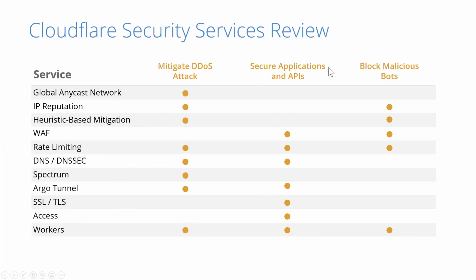To secure applications and APIs, what are the products you can use? From WAF, rate limiting, this is to protect against API brute force attacks, DNS, DNSSEC, Argo Tunnel, SSL, Cloudflare Access, as well as Workers. To block malicious bots, when we are talking about bots, we are talking about automated types of attack, which usually go directly to the application layer.